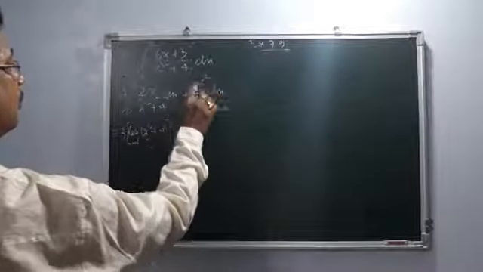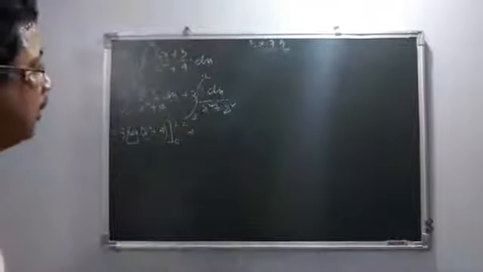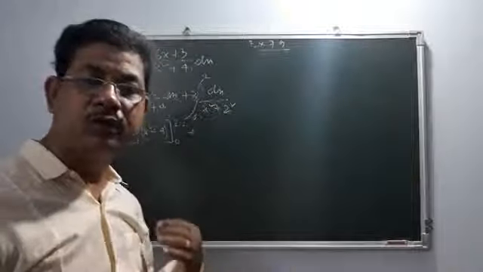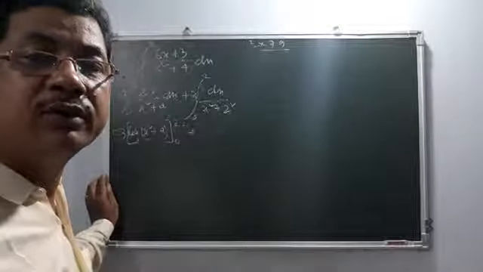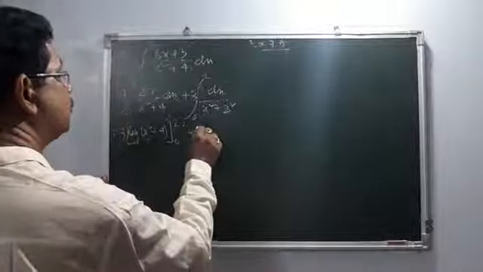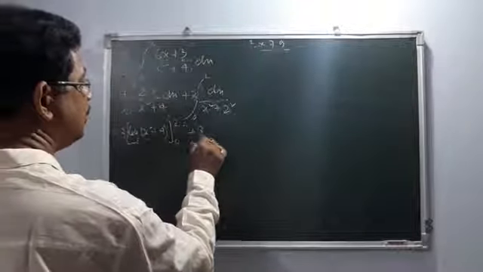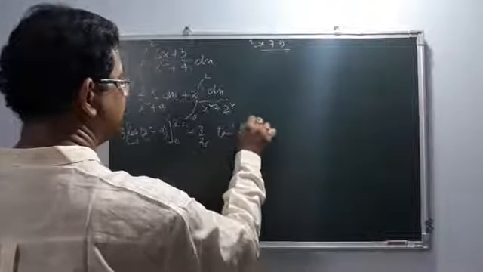Now if we take 3 outside, 4 can be written as 2 square. Integration of dx by (x square + a square) has the value 1 by a tan inverse x by a.